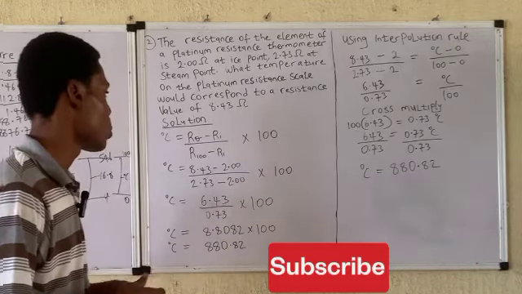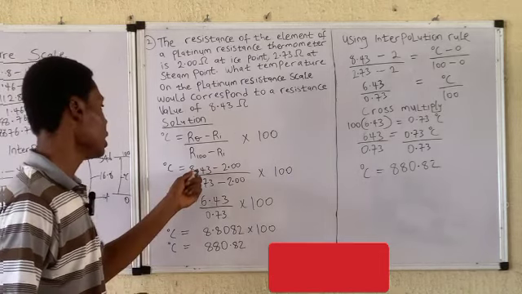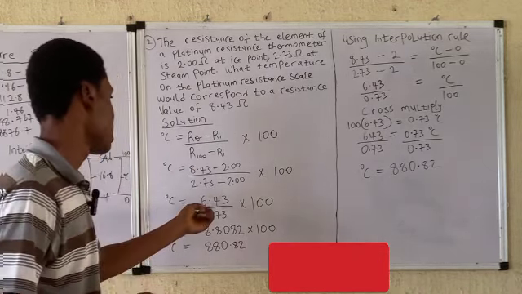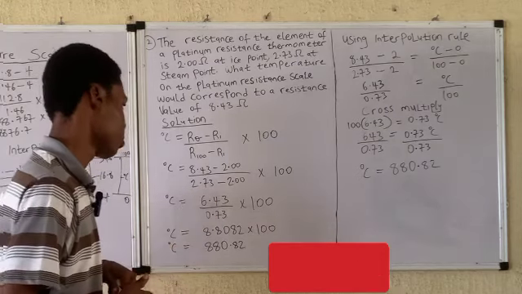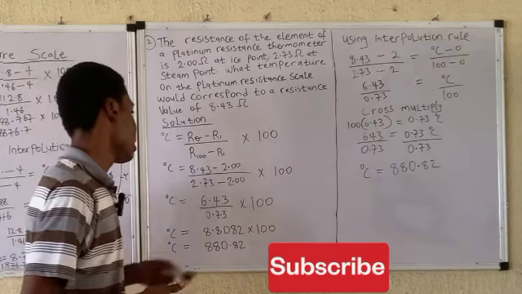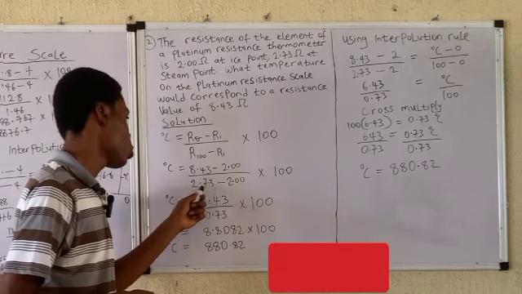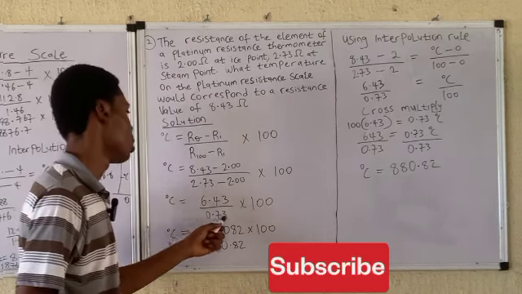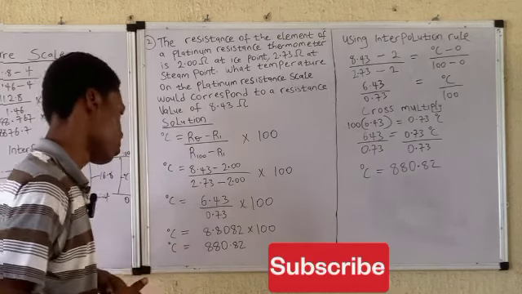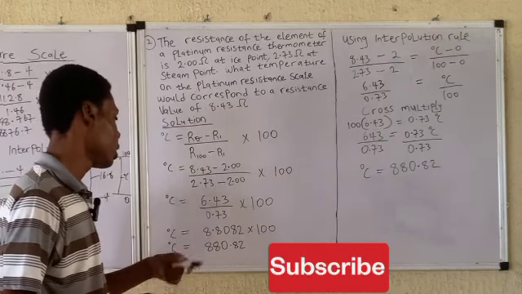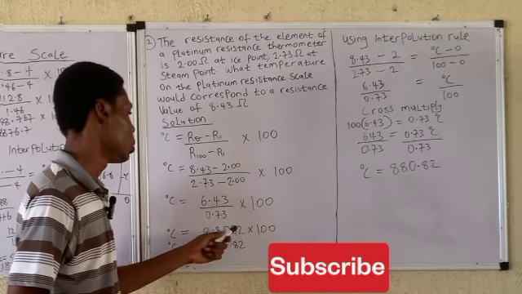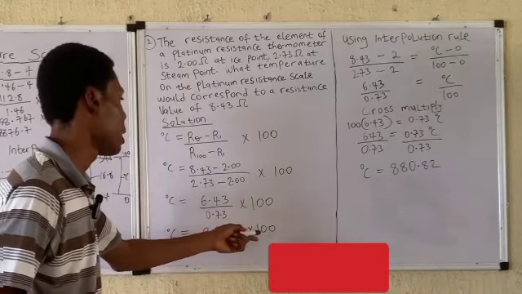So what do we do next? We subtract. So 8.43 minus 2, we have 6.43. Divided by 2.73 minus 2, we have 0.73, then times 100. So 6.43 divided by 0.73, we have 8.8082, then times 100.